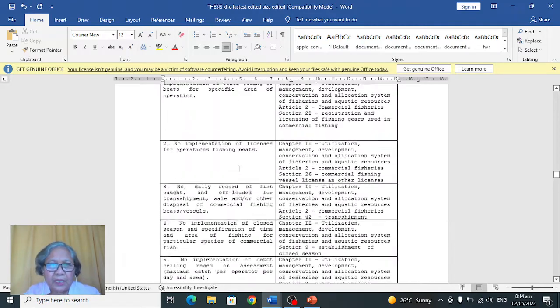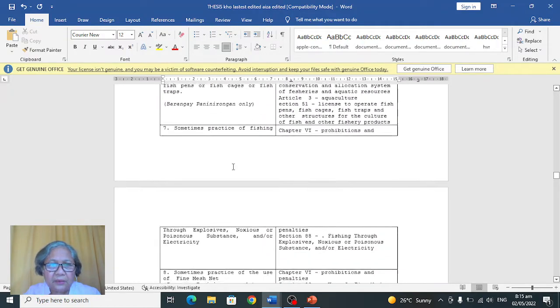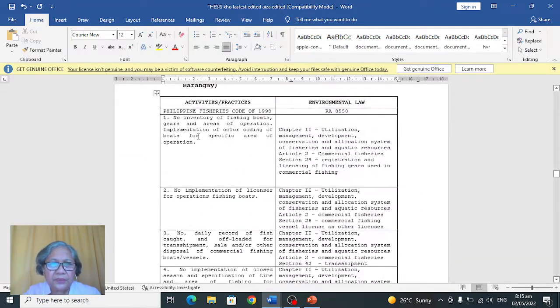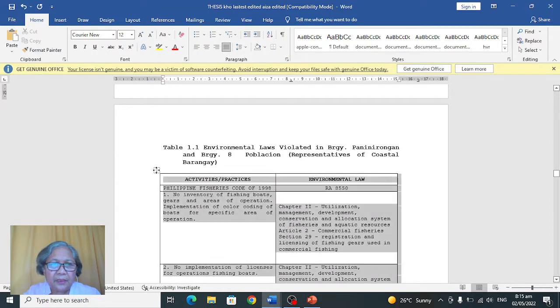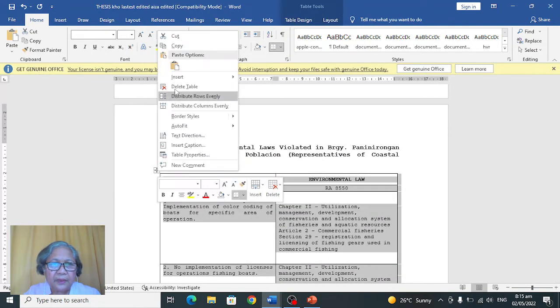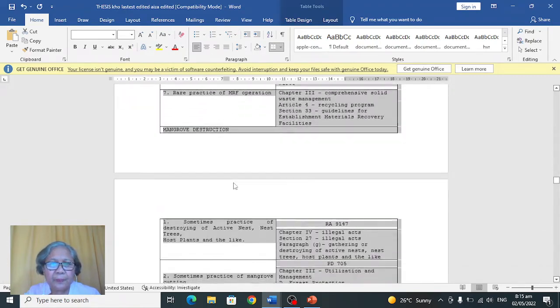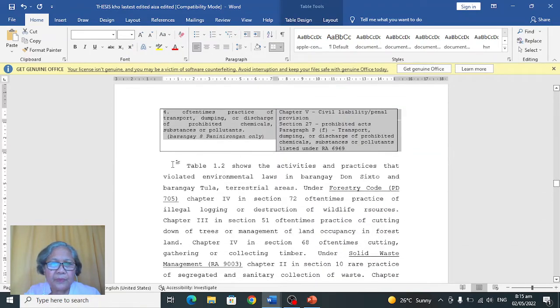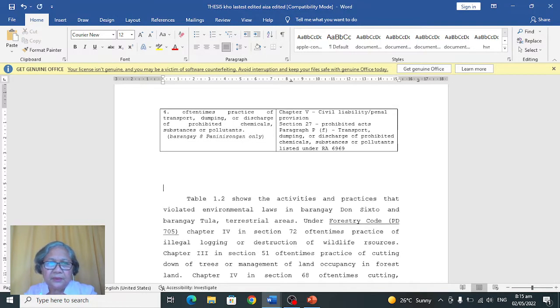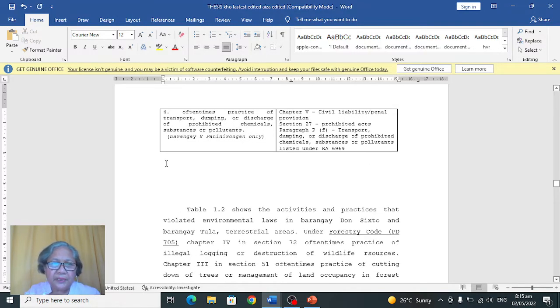Now, there's still long. So what you will do is to copy the whole table. Copy the whole table. Tapos, paste.